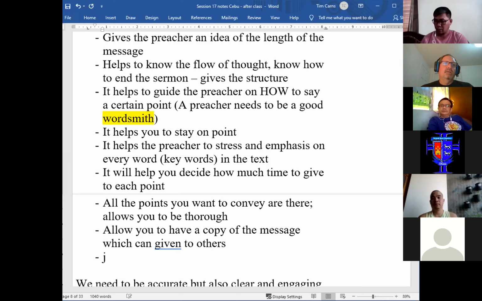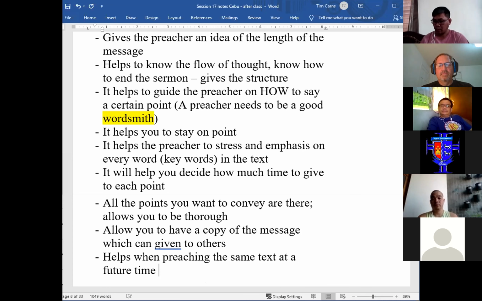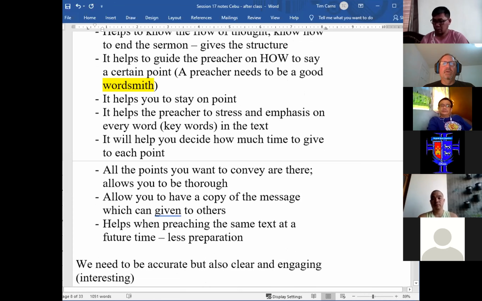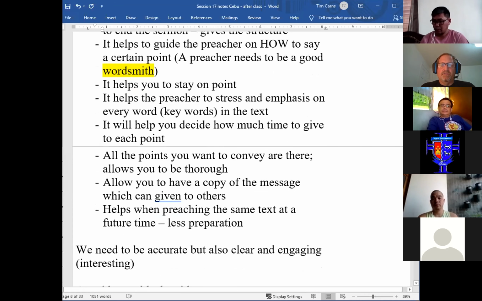So it helps when preaching the same text at a future time, so you can do it with less preparation. I still go through my study notes and everything when I preach a passage later, but having that full manuscript really helps me save some time.